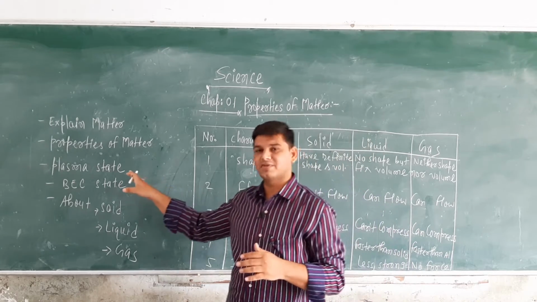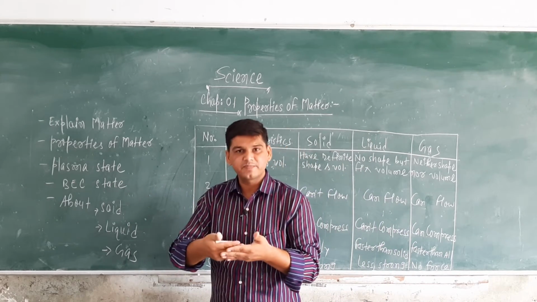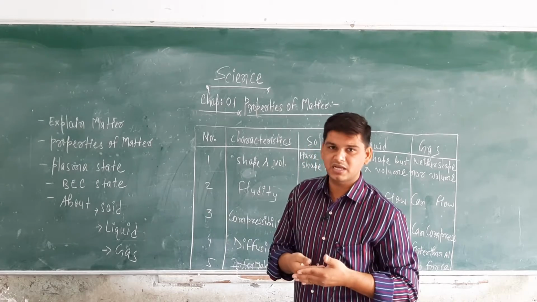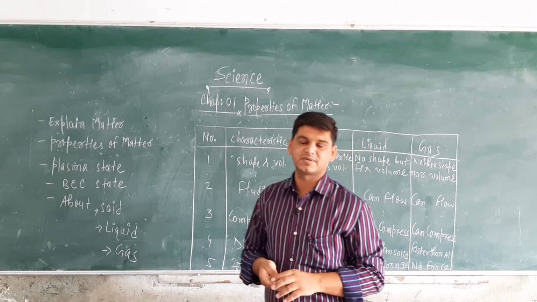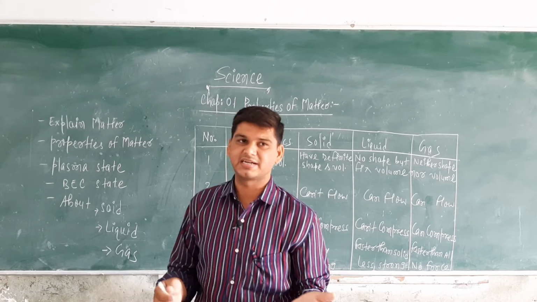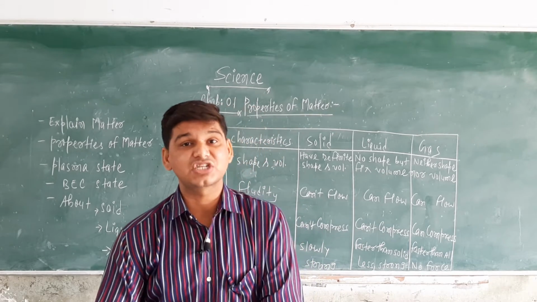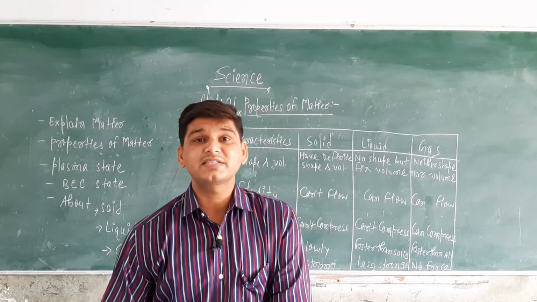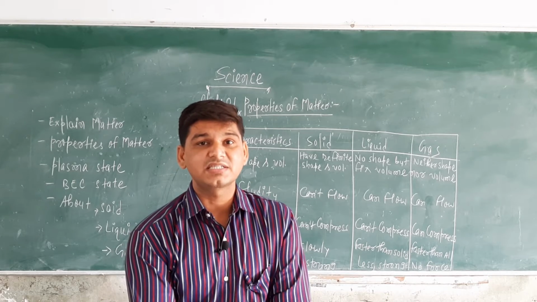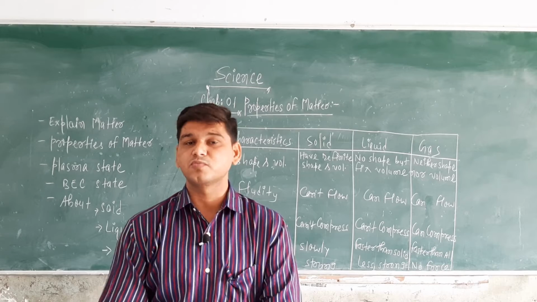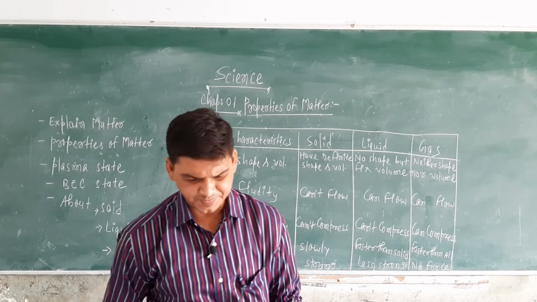So that is generally called the plasma state. Like sun and stars, neon and fluorescent tubes are substances which contain the plasma state, having super hot, excited gases.